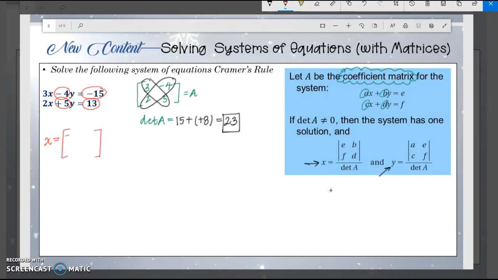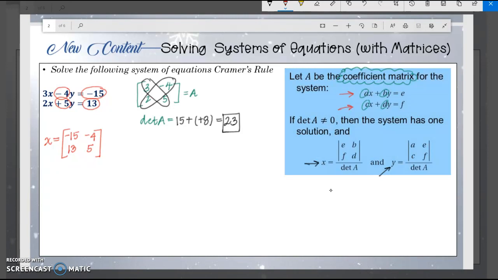So we put our E term, -15 right here. Our B is -4. Our F is 13. And our D is positive 5. So all I'm doing there, you guys, is matching which numbers in this system of equations match the coefficient values that are given for me in the Cramer's rule definition here on the right.